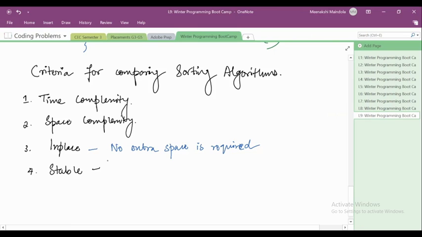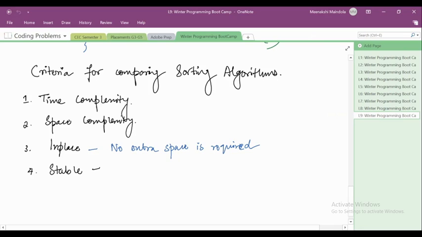Okay, so the order of repeated elements is not changed. I think you got confused between the terms in place and stability. Stability means that the order of the equal keys is going to be the same even after sorting, and in place means that the algorithm is not going to take up any extra space.